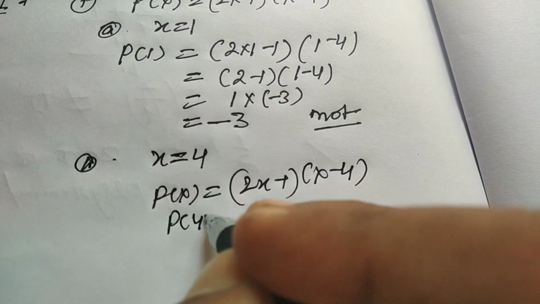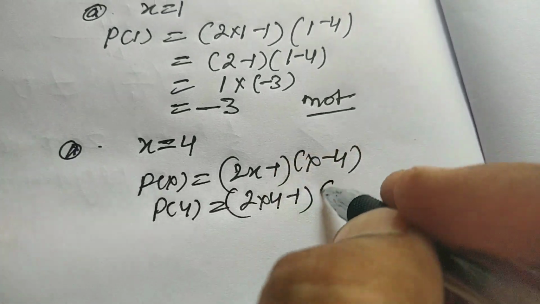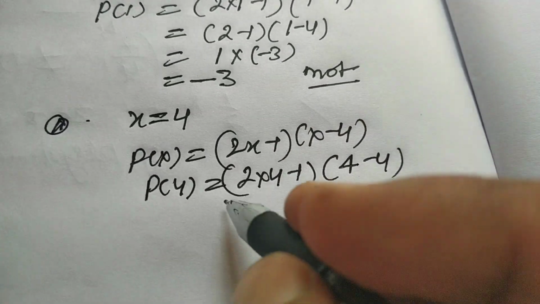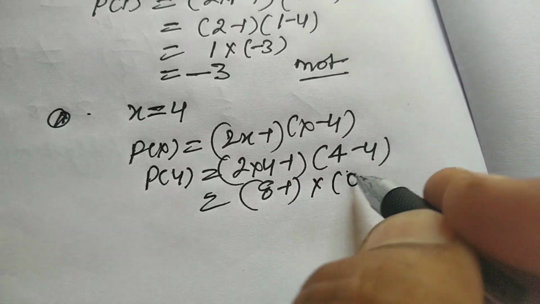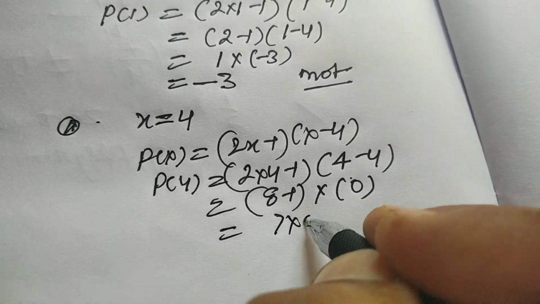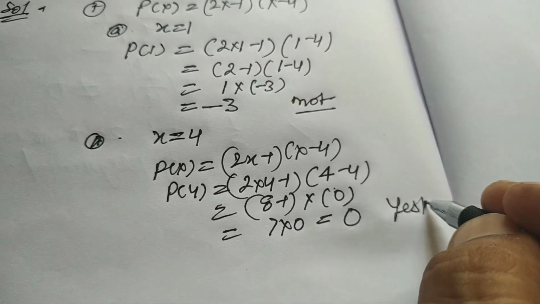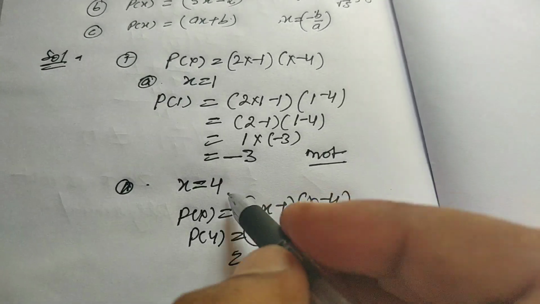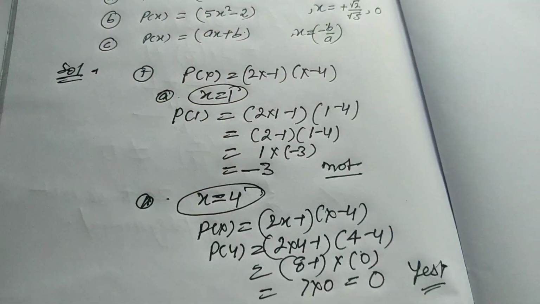Now p(4) is equal to (2 into 4 minus 1)(4 minus 4). This is 8 minus 1, which is 7, into 4 minus 4, which is 0. So 7 into 0 is equal to 0. Yes, so 4 is the root of the polynomial, but 1 is not the root of the polynomial.